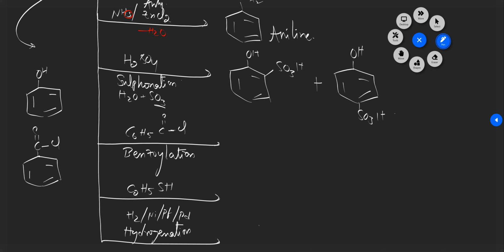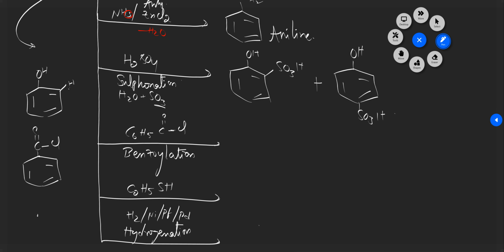From this, what will happen? It is going to lose HCl. It is not going to happen by hydrogenation. Why? Because this is an ortho and para directing group.